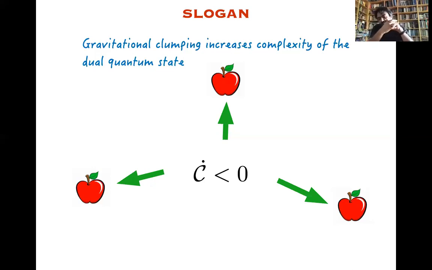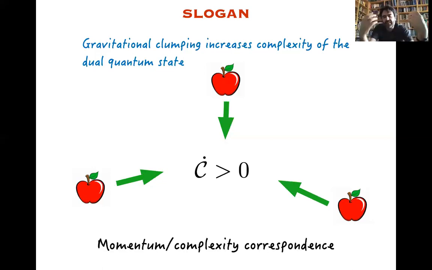So the figure of merit that controls the growth of complexity seems to be the momentum of some notion of infall momentum. So the notion of momentum going inward.